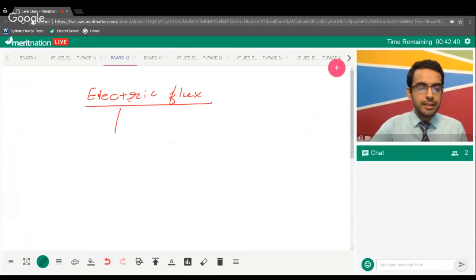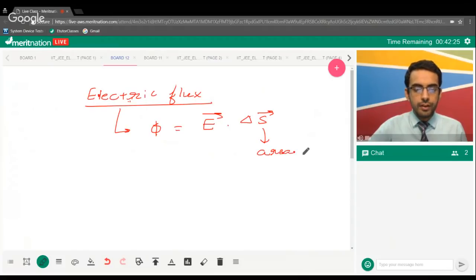Electric flux is calculated as the dot product of E vector and delta S vector, where S vector is the area vector, the area of a particular surface, and E is the electric field at that particular area.